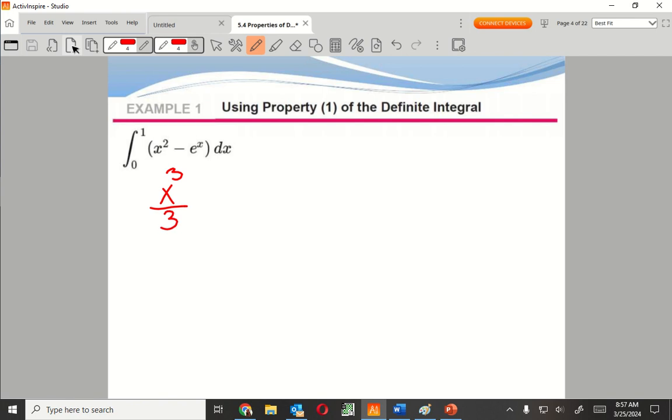And then I'm going to do the same thing for the other one. Minus, okay, e to the x, right? Just like the derivative of e to the x is e to the x, integration of e to the x is e to the x. There we go. And my bounds are from 0 to 1.